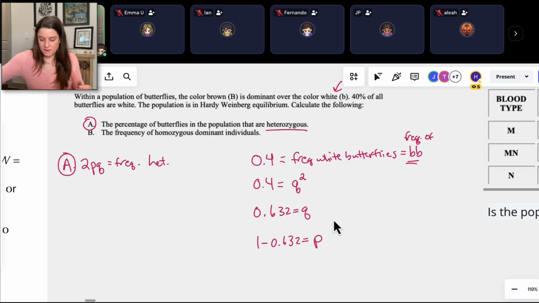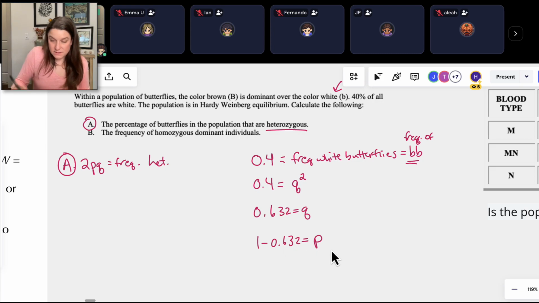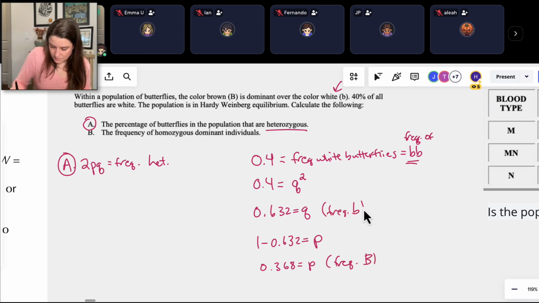Ultimately, we can just subtract that from 1, right? Because it's going to be the rest. And honestly, when you're working it, it's not this much explanation.